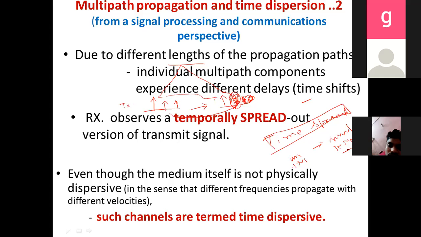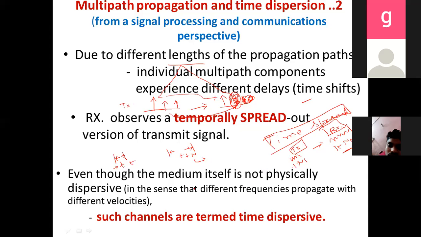This is the effect at the receiver. So the net effect of the time spread is that the signal time period gets spread. This is t at the transmitter, and t plus tau at the receiver, because of the delay spread.